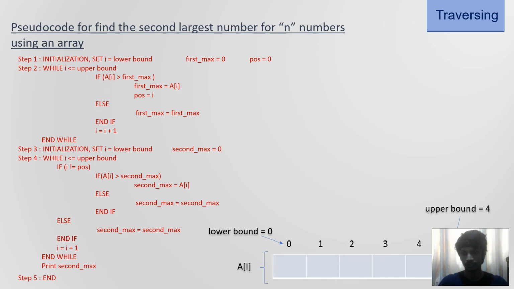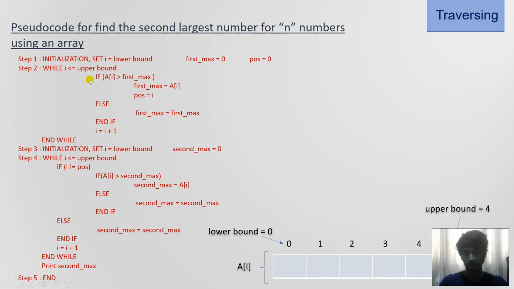It is searching for the maximum value, and if a larger value has been found, the existing first max value is replaced by that current max value. After replacing it, the position is captured where that value has been found.